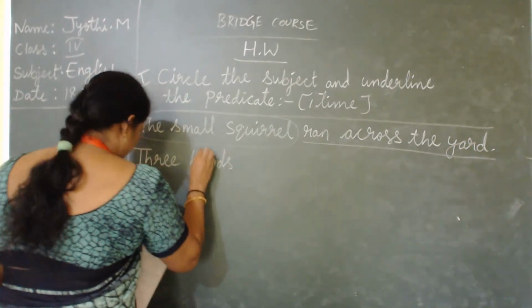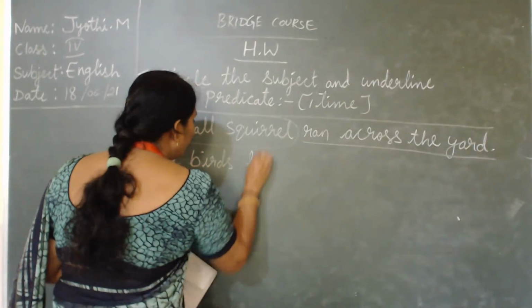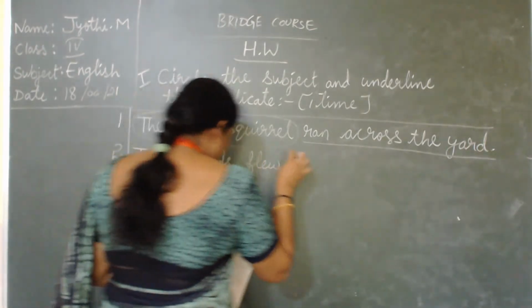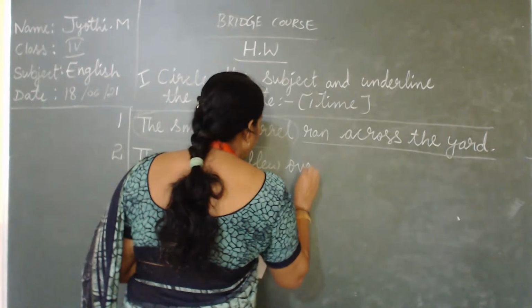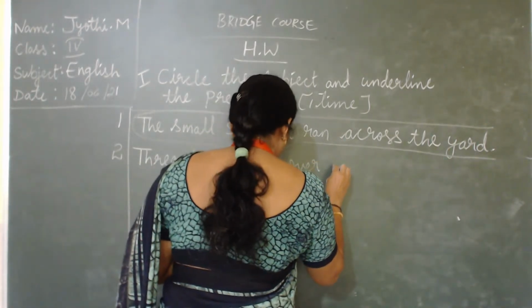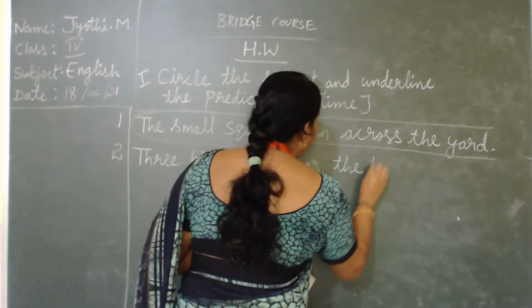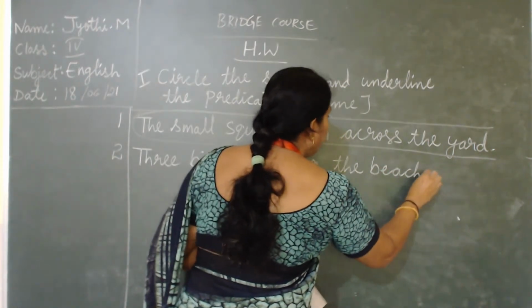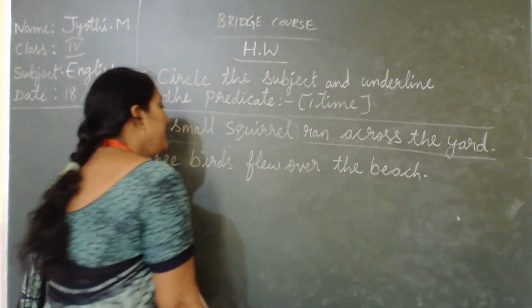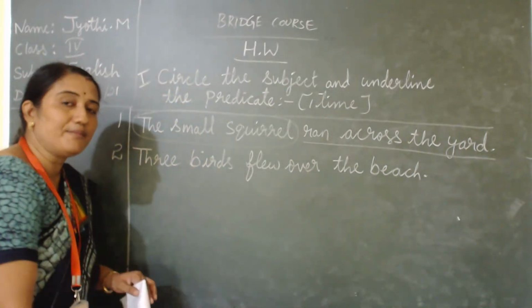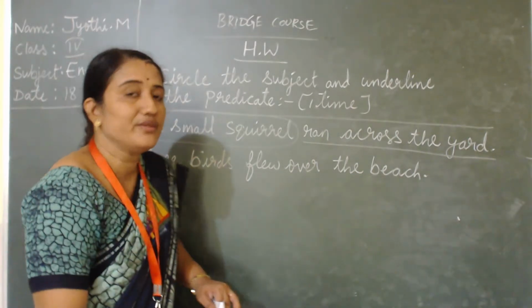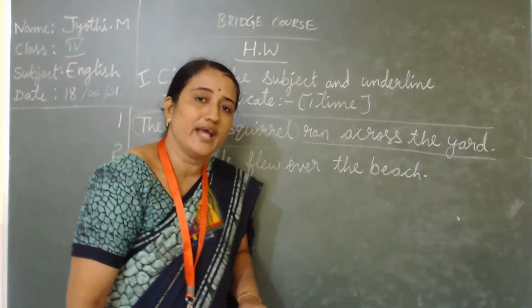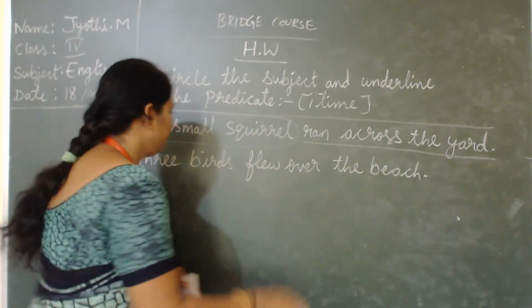Three birds flew. Flying past tense is flew. Three birds flew over the beach. And see that every time the sentence is ending with some mark. Sometimes it ends with a full stop, sometimes with question mark, or sometimes with an exclamation mark.